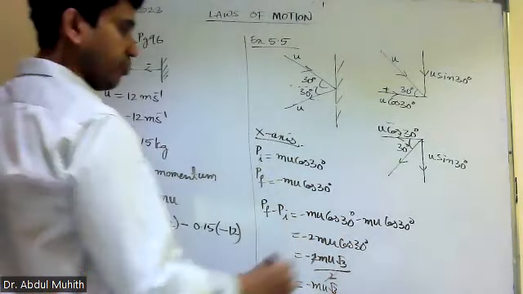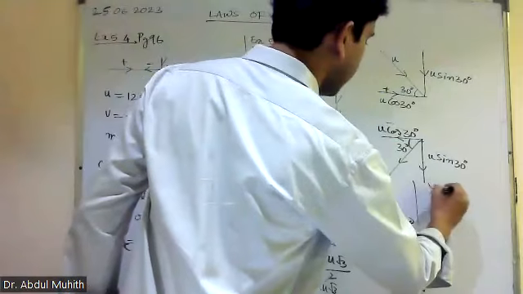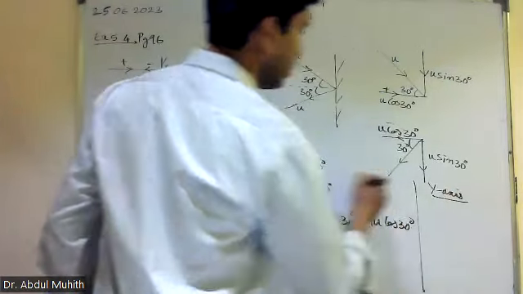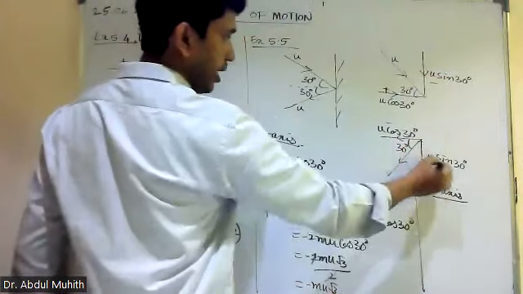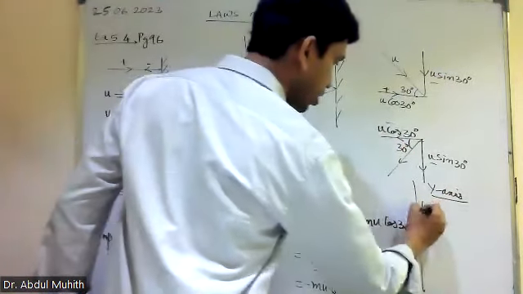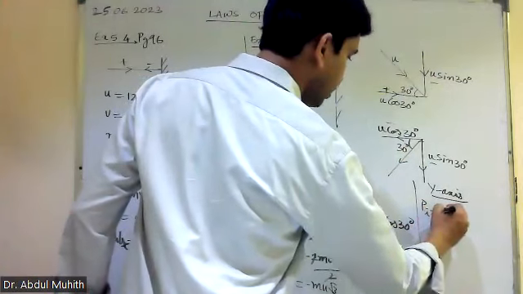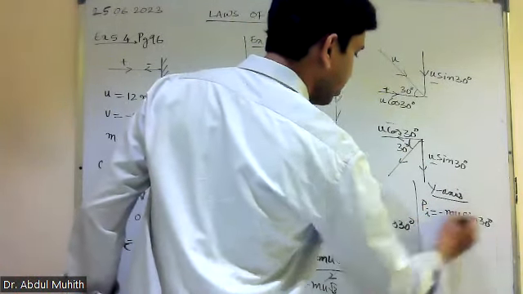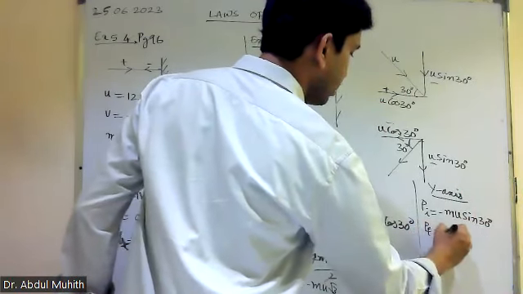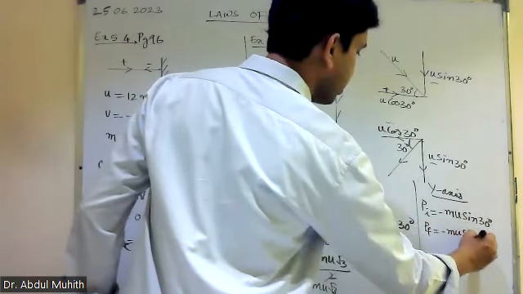But similarly, when I go for the y-axis, look at the y-axis. This and this are in the same direction. This is also negative, this is also negative y-axis. So Pi is equal to minus m u sin 30, and Pf is also equal to minus m u sin 30 degrees.